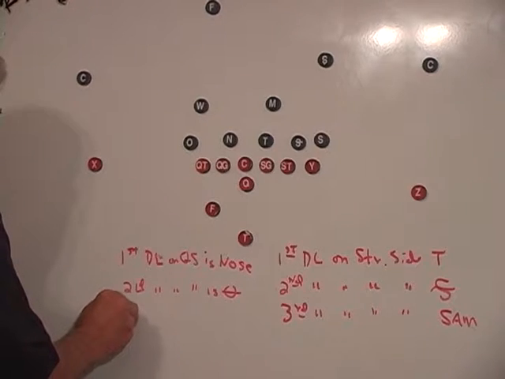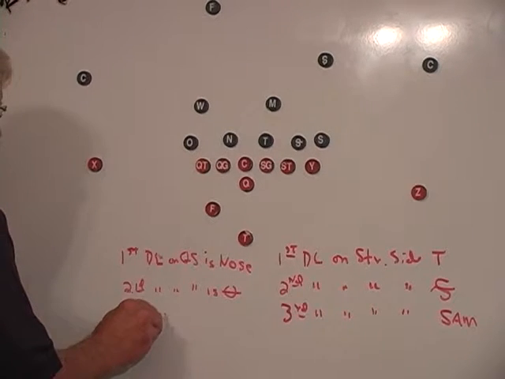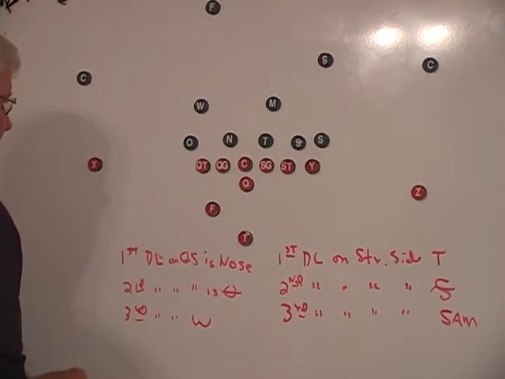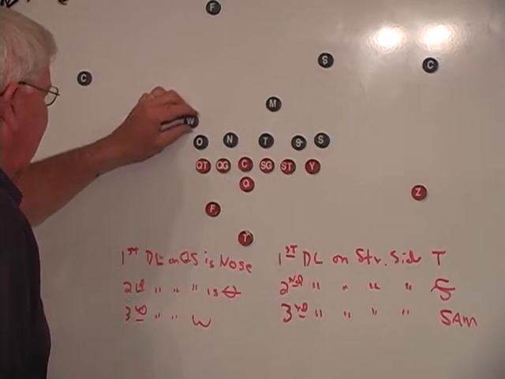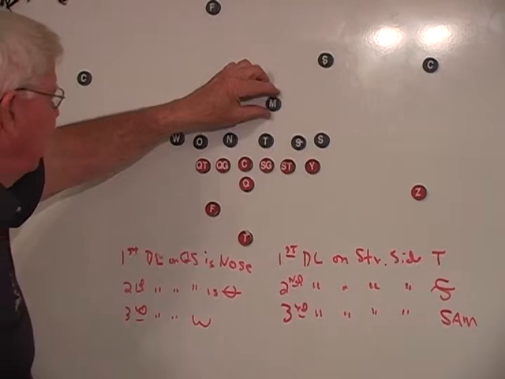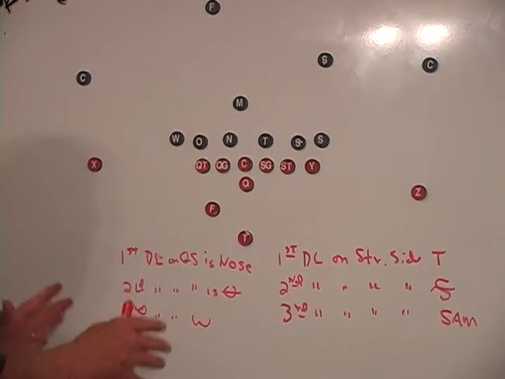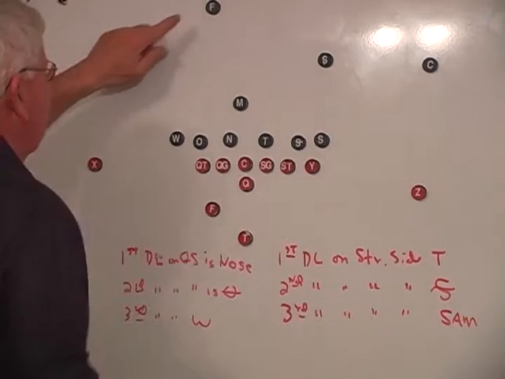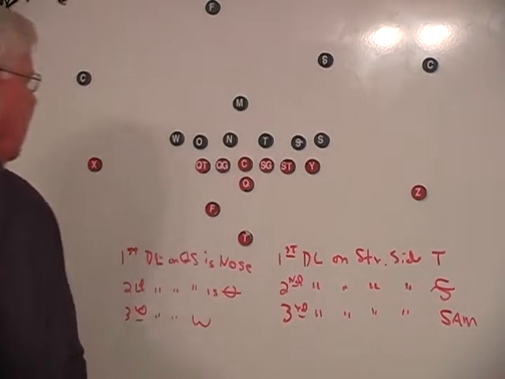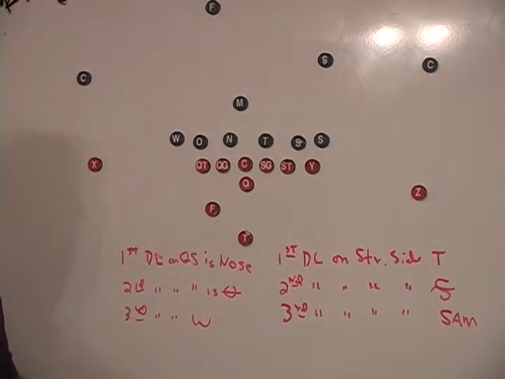If they had a third one, the third defensive lineman would be the Will. If they had this type of thing here like that, that would be the Will. Now we have the two corners and the free safety and the strong safety in here also.